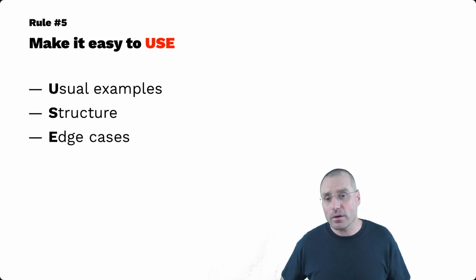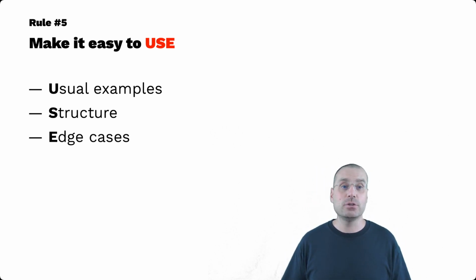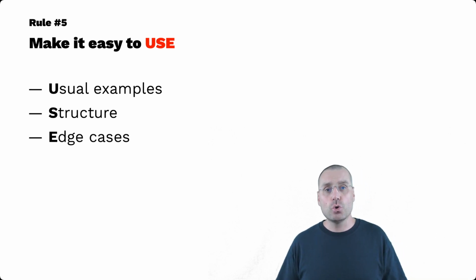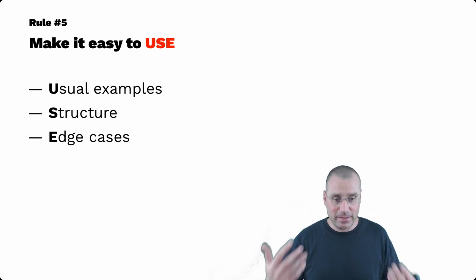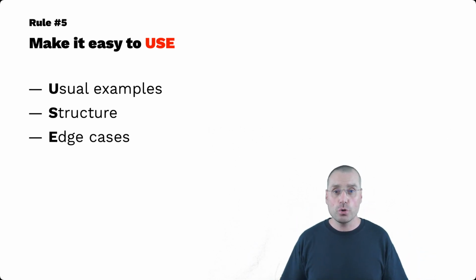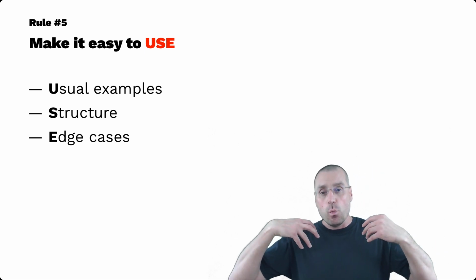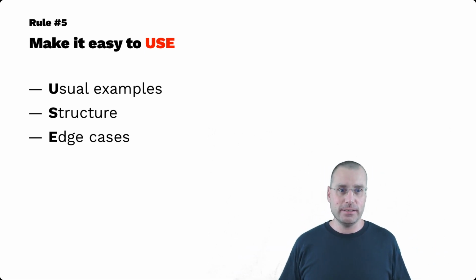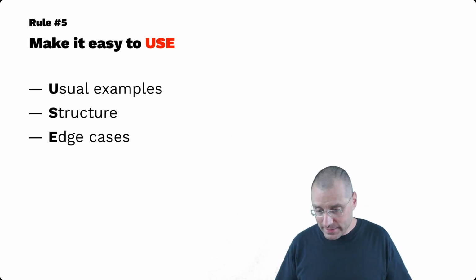One of the most important aspects of making these things easy to use for me is to structure it in a way that business people, developers, testers can consume easily, can understand easily, can discuss and collaborate on. And this means that we need to give people the edge cases. The edge cases are where the understanding breaks down.